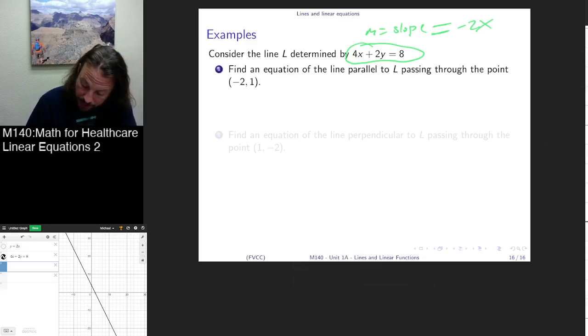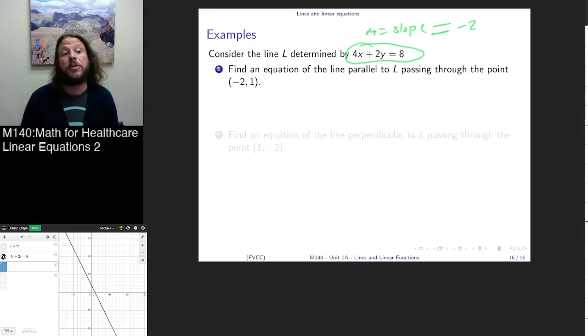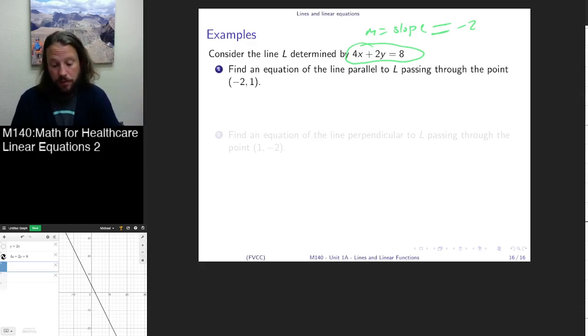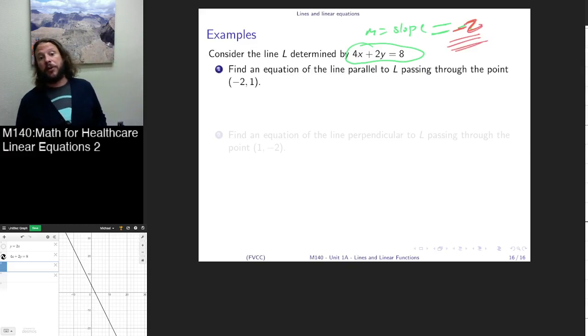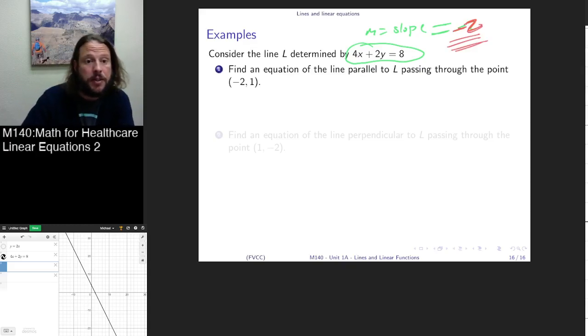So the slope of the parallel line has a slope, oops, I apologize, I wrote something wrong. The slope is negative 2, not negative 2x. The slope is a constant. That's a good catch there. The slope is negative 2. I'm writing in red to punish myself for when I make a mistake.